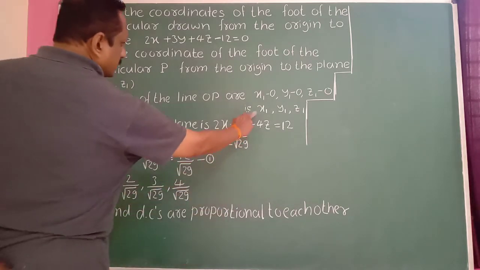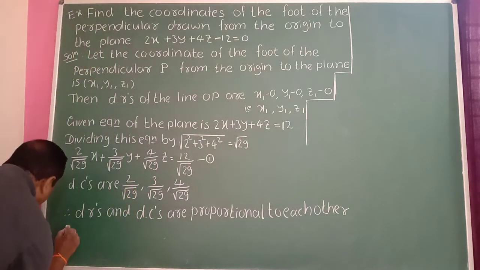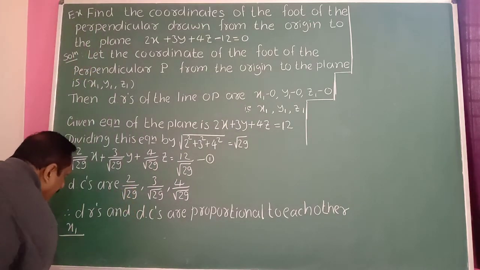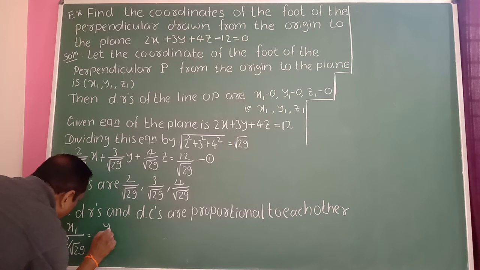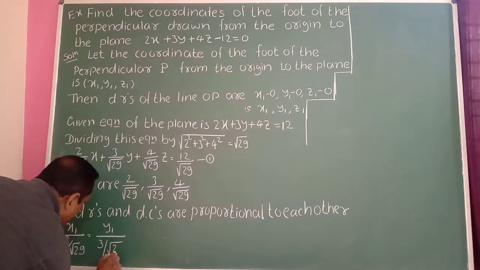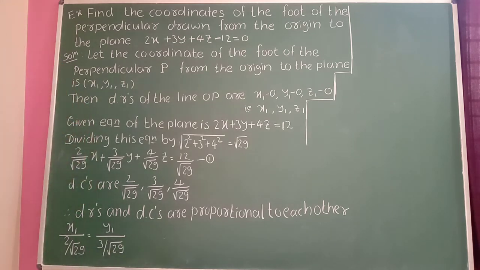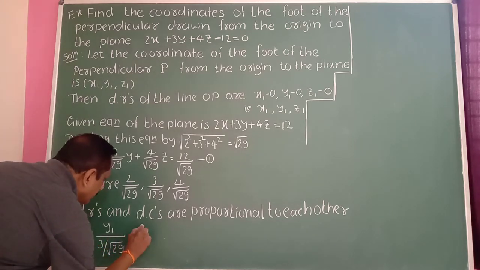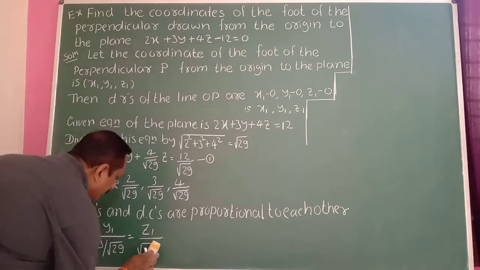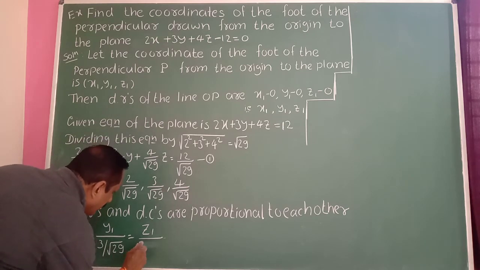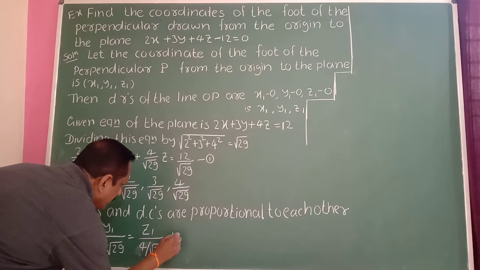Hence, x1 divided by 2 by root of 29 is equal to y1 divided by 3 by root of 29 is equal to z1 divided by 4 by root of 29, and take this equal to k.